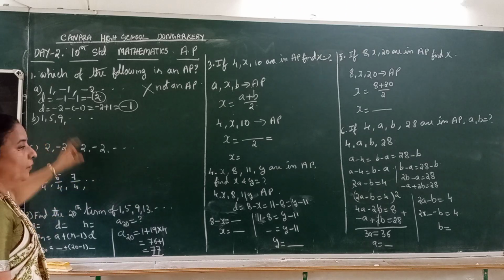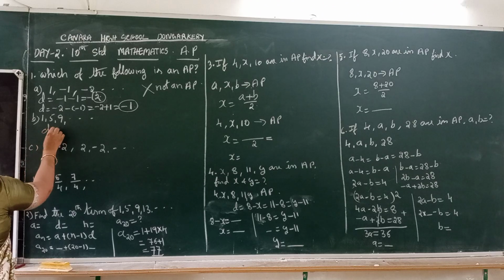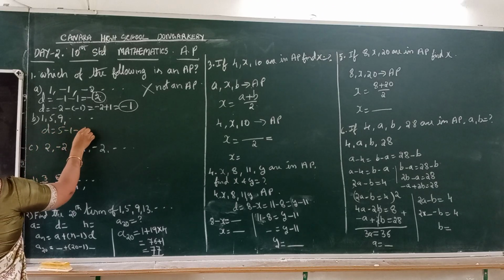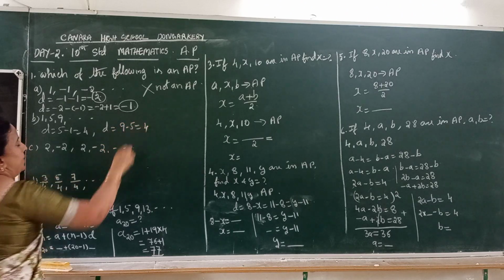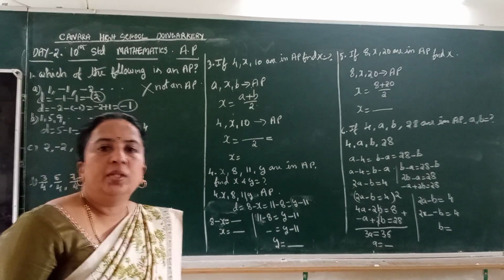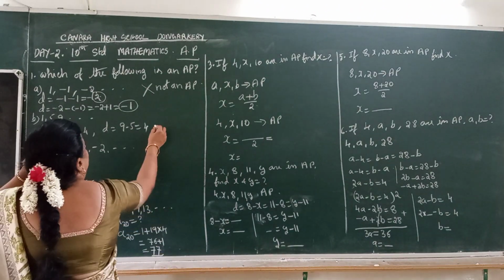Second case, 1, 5, 9. d is equal to 5 minus 1 is equal to 4. d is equal to 9 minus 5 is equal to 4. In both the cases, d you got the same. Therefore, it is an AP.